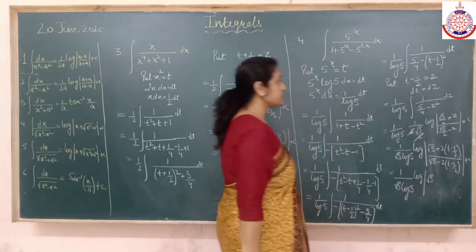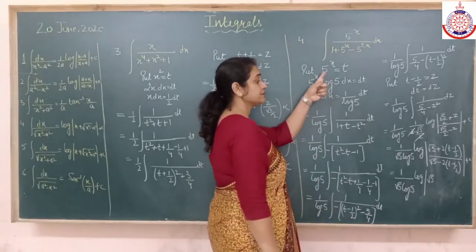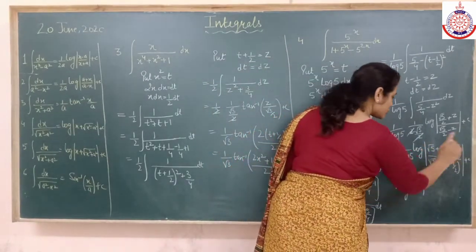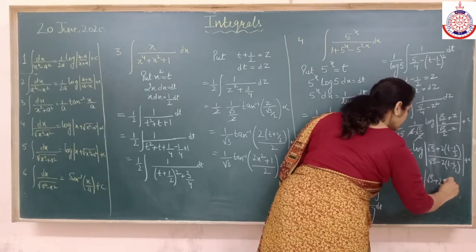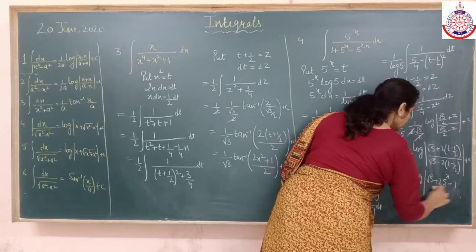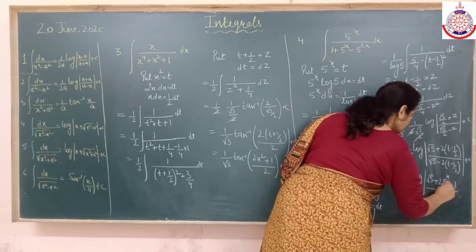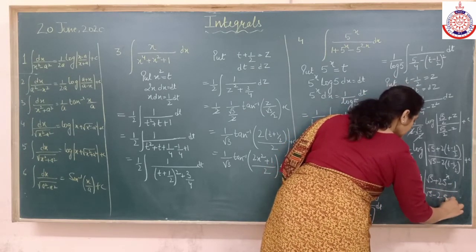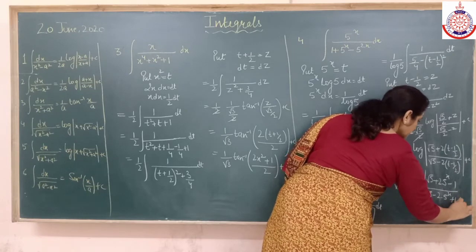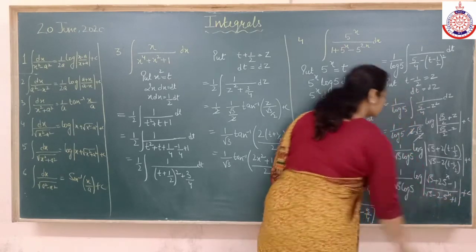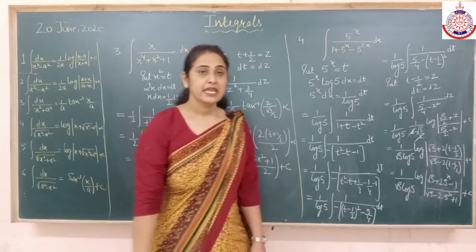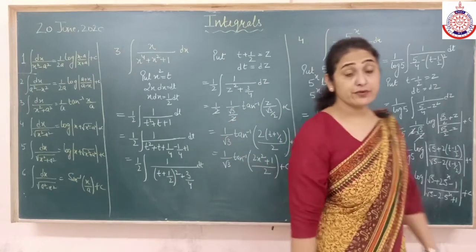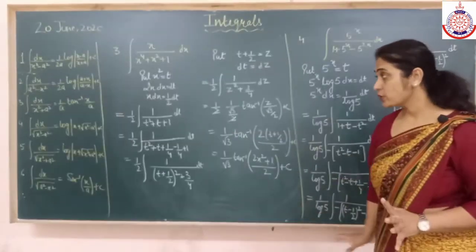What is the value of t? 5 raised to power x. I am multiplying this 2 also side by side inside. That's the answer. Is it clear, girls? Is it clear, children? So this is how we are going to do it.